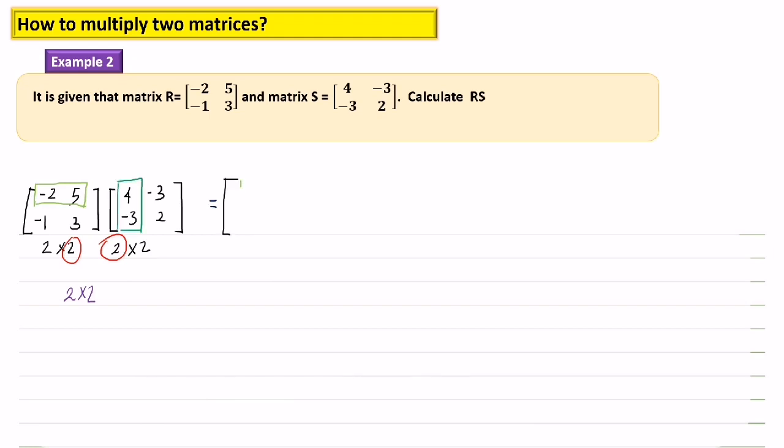You will obtain the first element, which is the product of first row, first column. So how to multiply? First number multiplied with first number plus second number multiplied with second number.